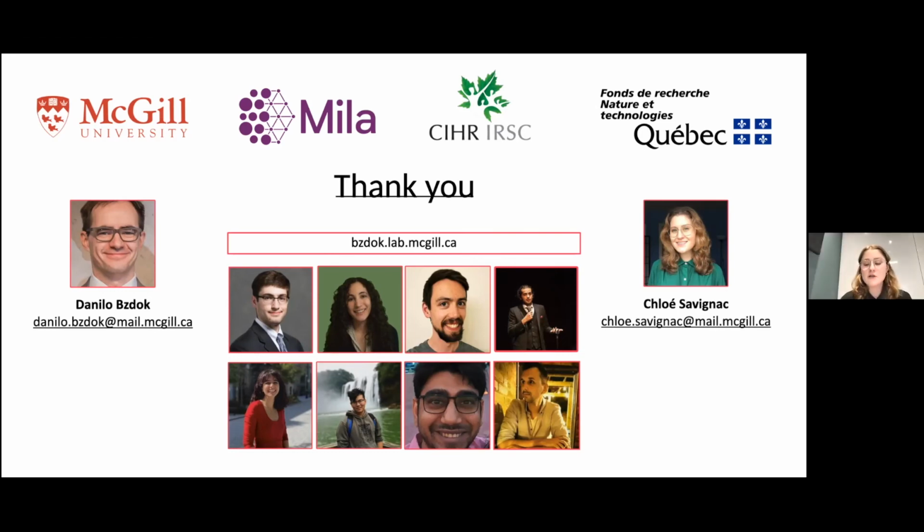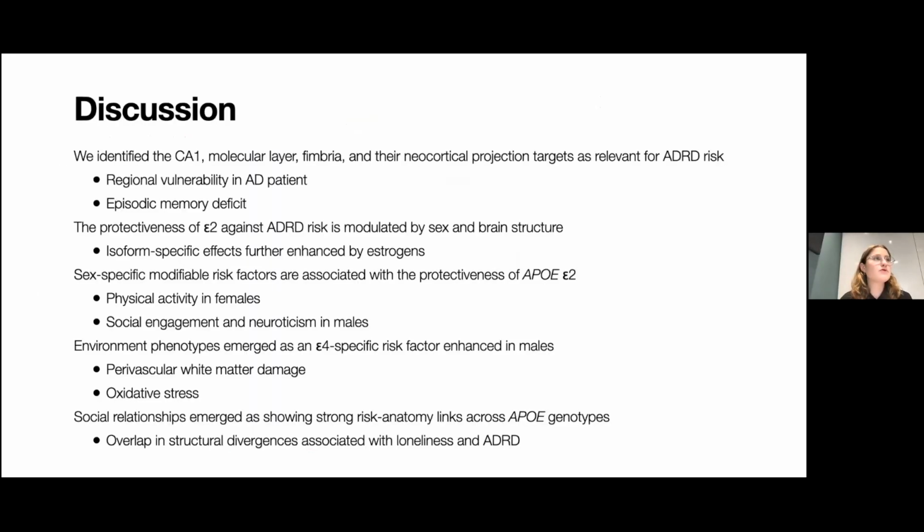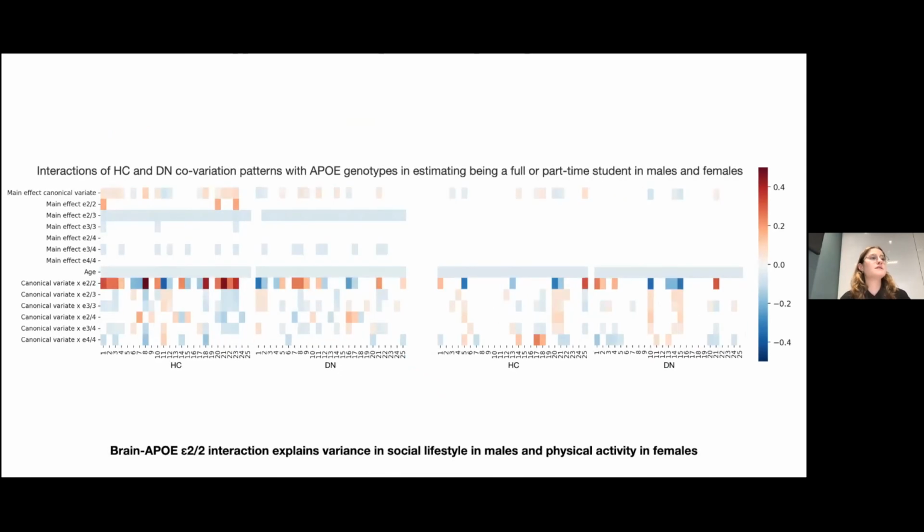Yes. So I think what was more striking was how these specific risk factors had the strong coefficient with E2. So these were, as I said, phenotypes that were related to social engagement, such as being a full or part-time student and volunteering. And we saw that they had these specific patterns of interaction with E2. So this is more targeted.